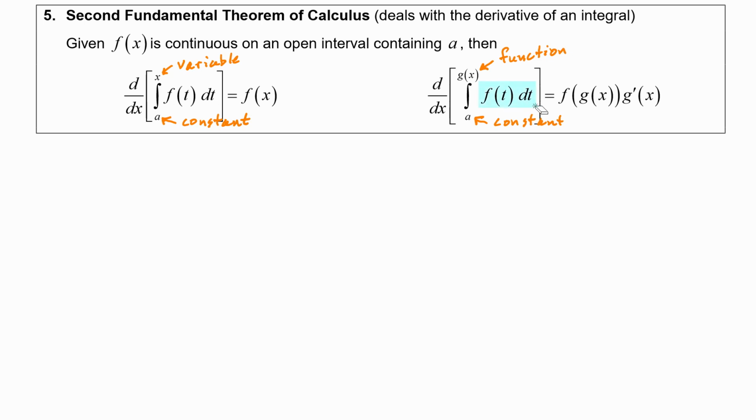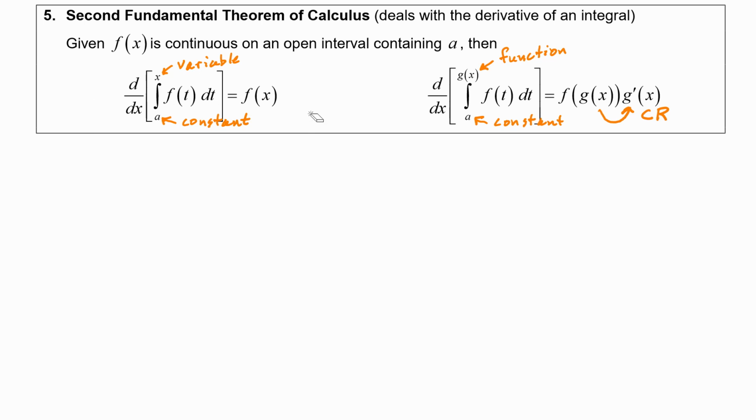F of t dt is using that temporary variable again. Remember, this could be f of y dy or f of k dk. Now here, when we differentiate with respect to x, we're going to get f of g of x, and then hopefully you recognize that this is just the chain rule being applied to the inside function.